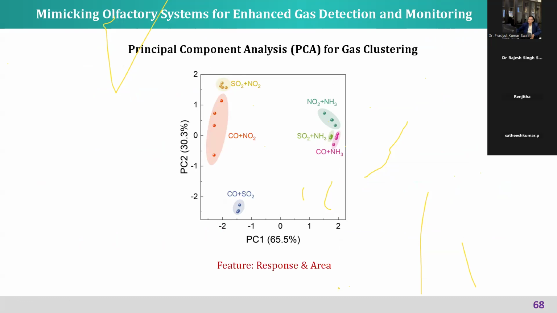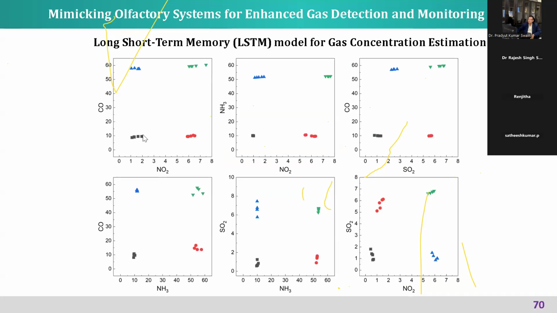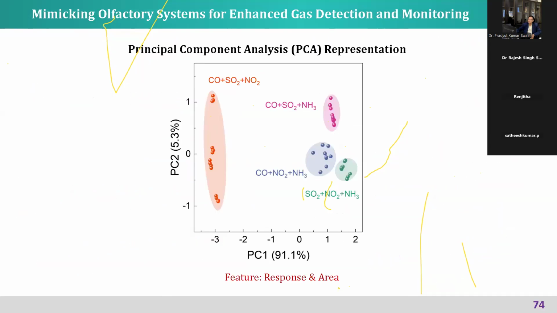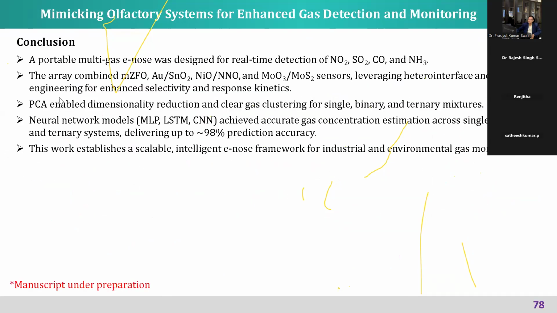It will reduce the dimensions and show how easily one can predict, and with how much accuracy one can get the data. These are the different models we applied to do the prediction. Now we take a mixture of 3 gases, with a similar analysis. With that, we have made a summary.